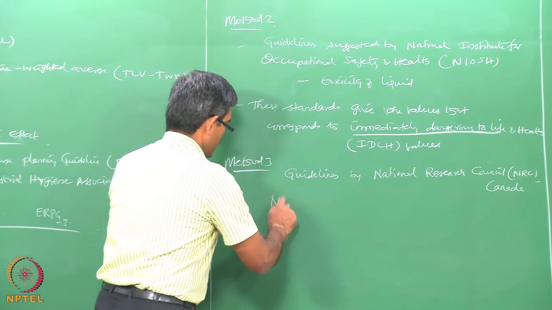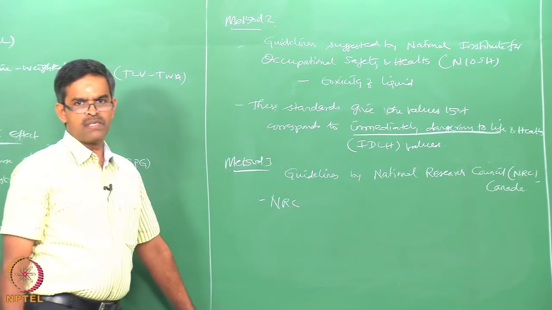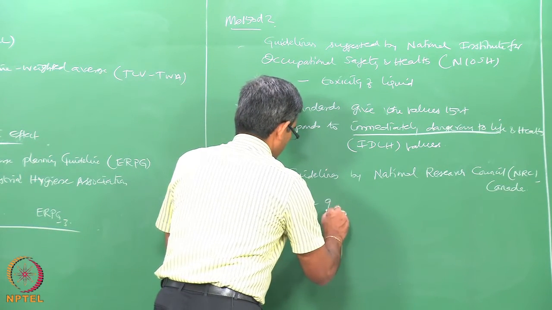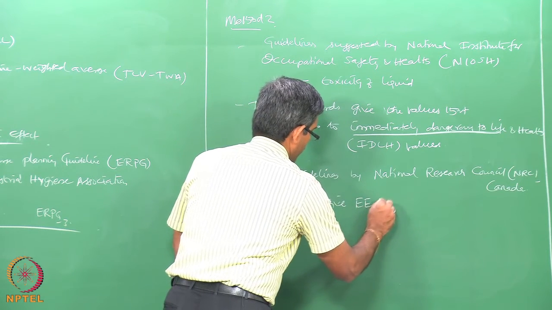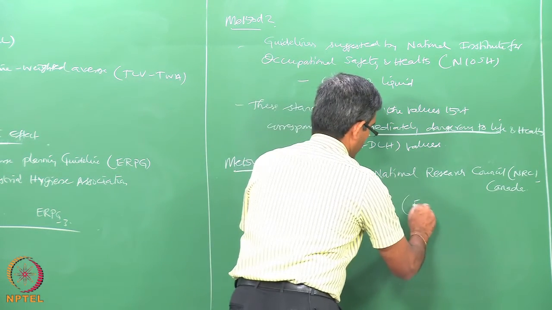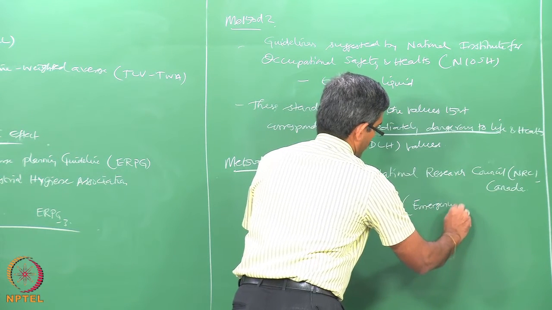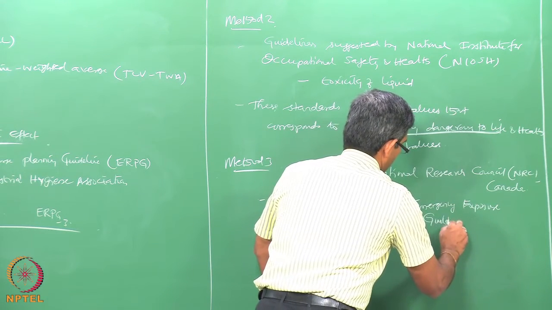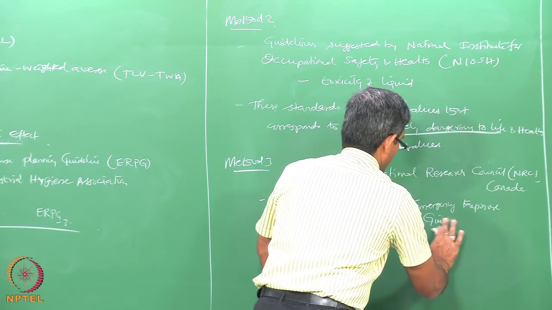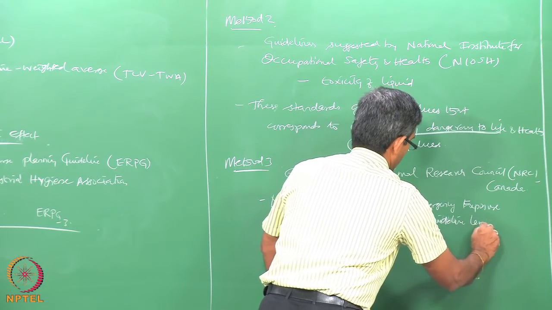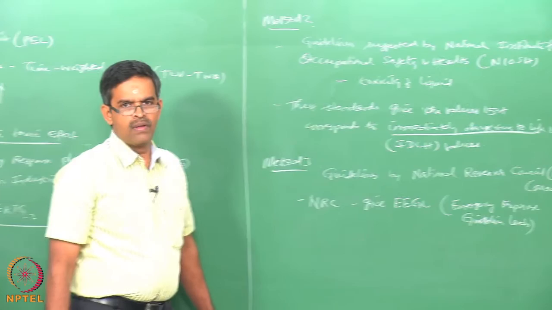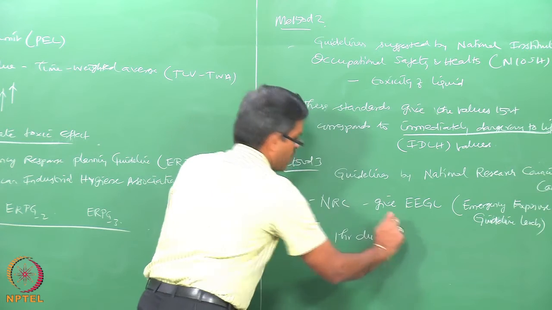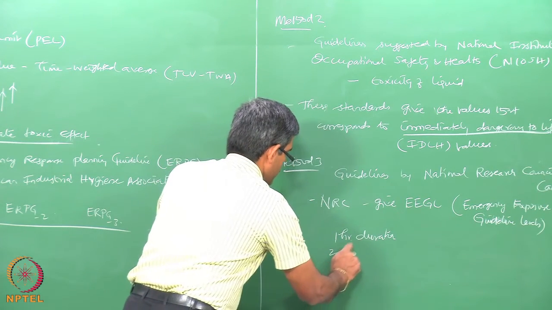Generally, NRC recommends what we call emergency exposure guideline levels, for 1 hour duration and 24 hours duration.